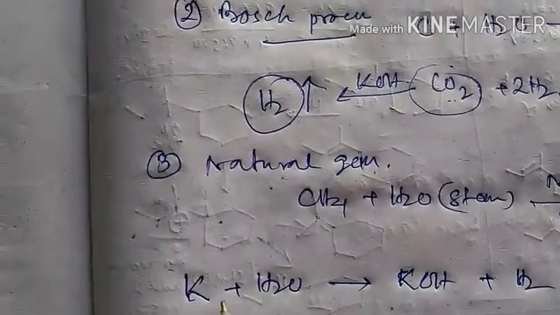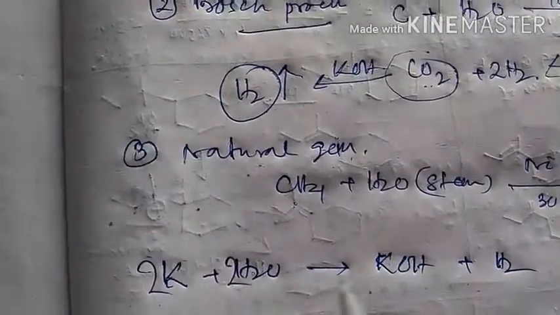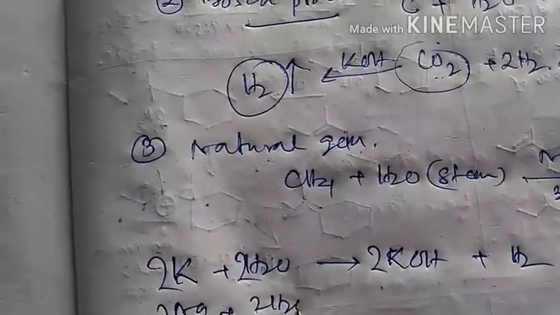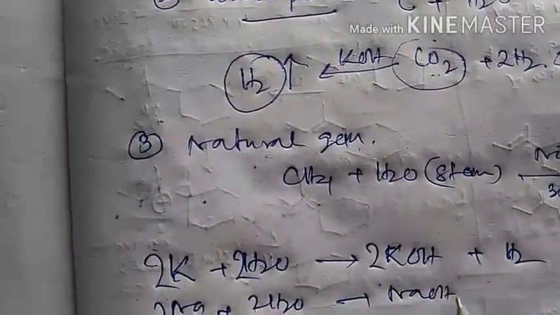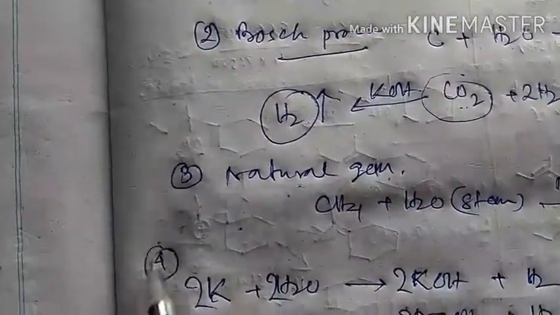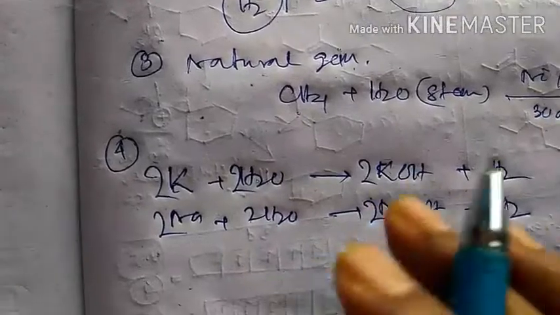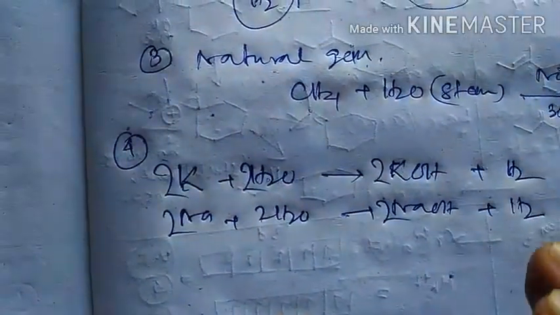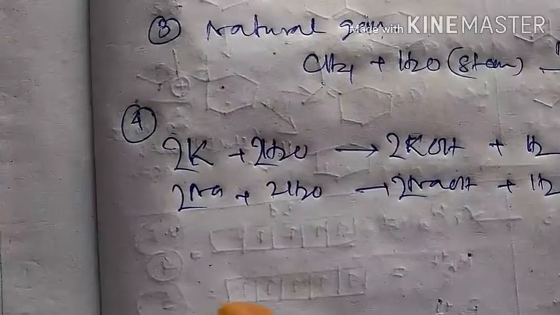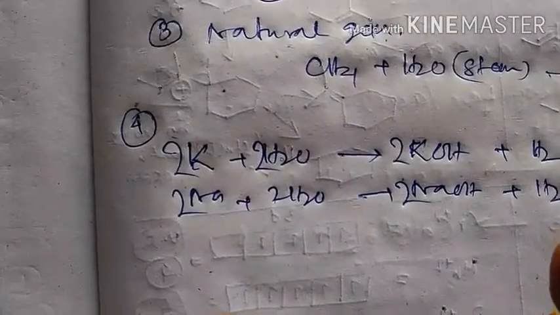Now balancing it. Similarly, sodium also reacts with water to form sodium hydroxide and hydrogen. These methods shouldn't be applied because a very violent, exothermic reaction occurs, and the heat liberated ignites the hydrogen.